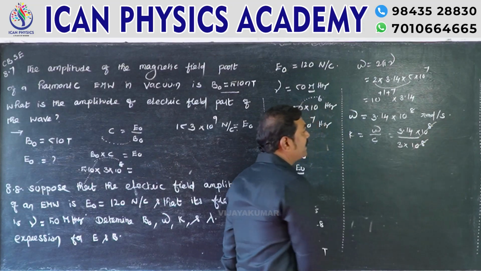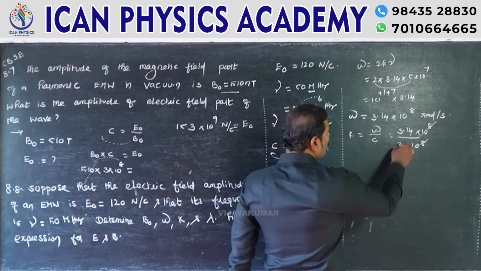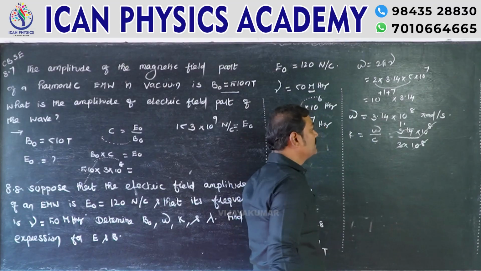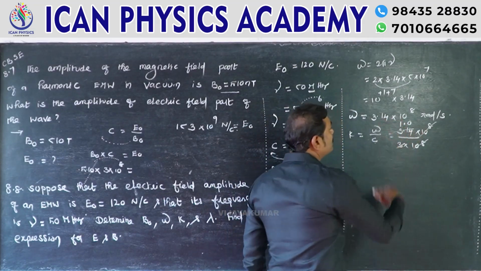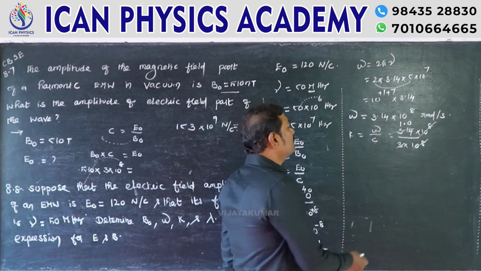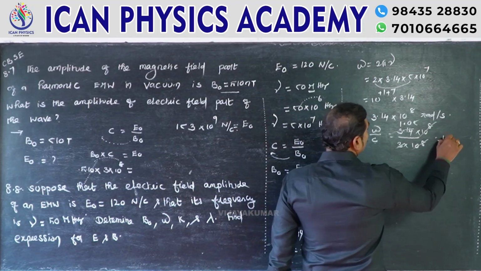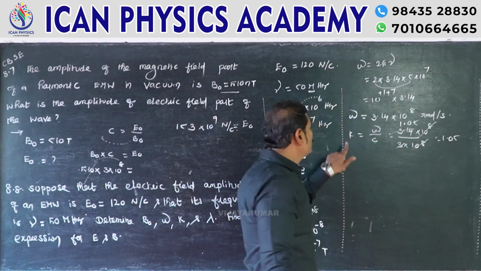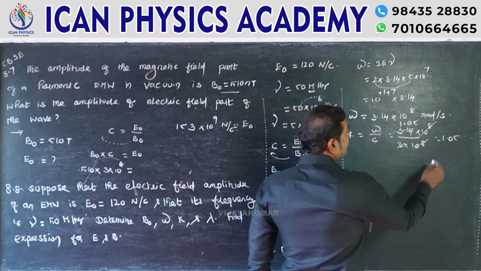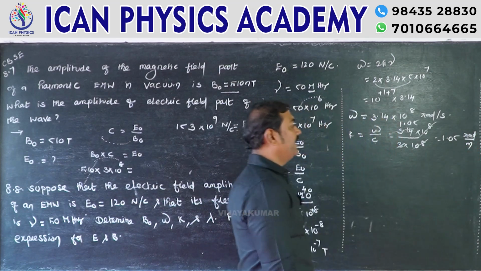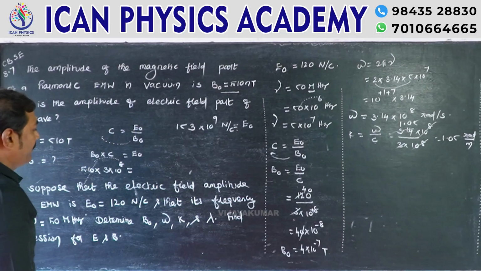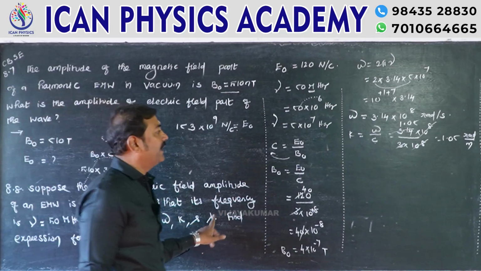The 10 to the power 8 terms get cancelled. 1 3 is 3, 1 3 is 3, and 5 3s are 15, so 1.05. What is the unit of K? That is radian per meter.